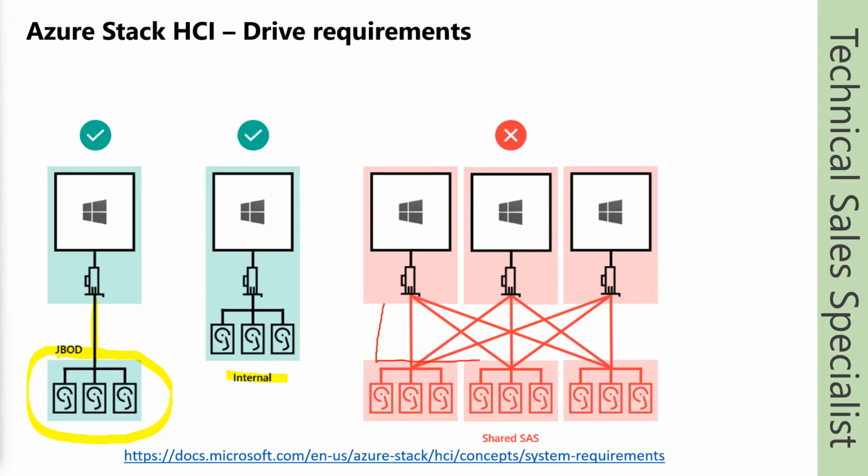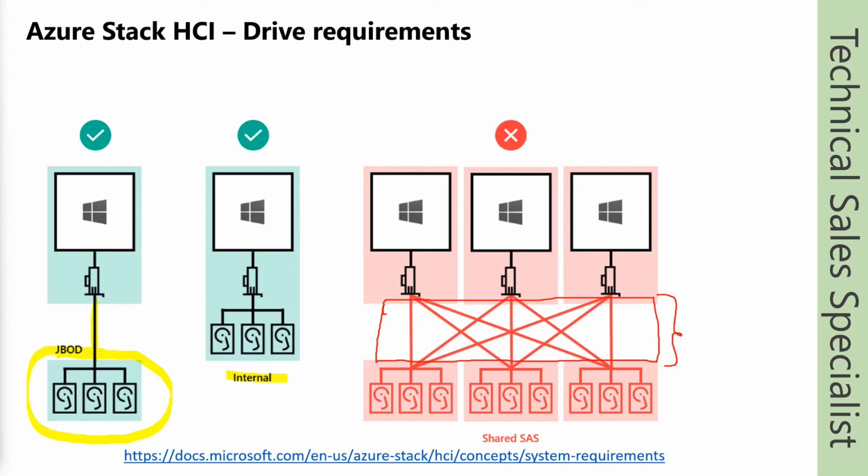When you think about Windows Server 2012 and Windows Server 2012 R2, then this configuration was supported as a scale-out file server cluster with external JBODs. In this scenario in Windows Server 2012 and 2012 R2, each JBOD had to be cabled to each server.